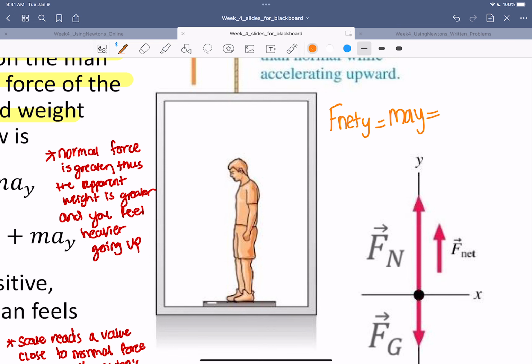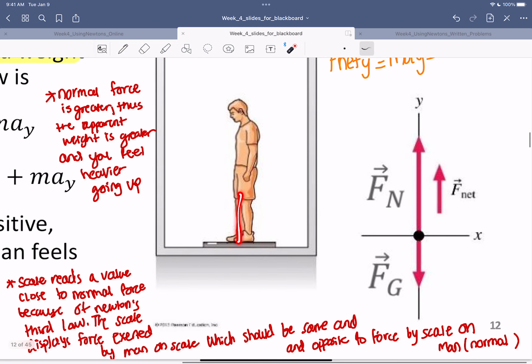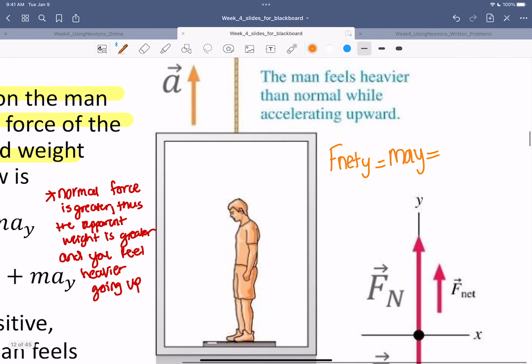And so let's say we're looking at this person right here. This person has a normal force pointing upwards and a gravity force pointing downwards, right? So in terms of just the person, their net force equation would be Fn minus Fg, right? But in terms of the net force that they're feeling, they're moving in a net upwards direction, in the net y direction, because that elevator is carrying them upwards.